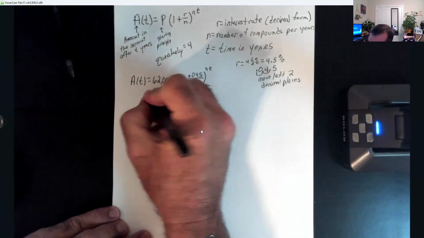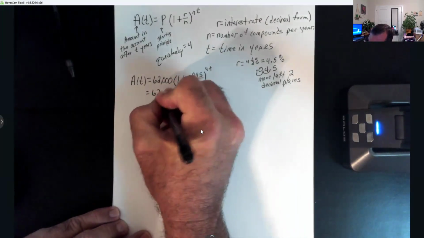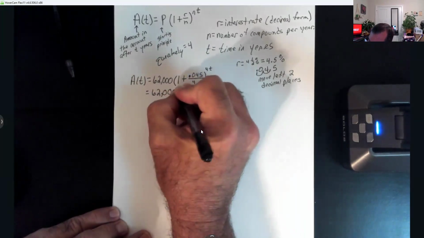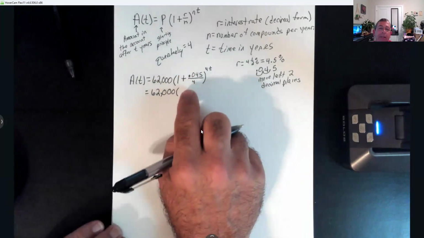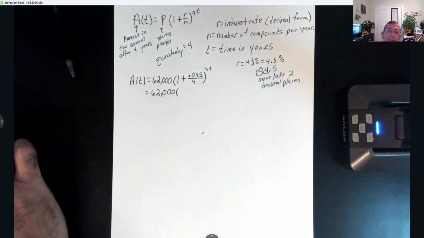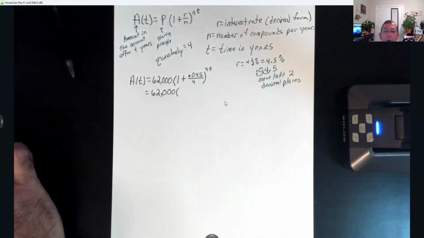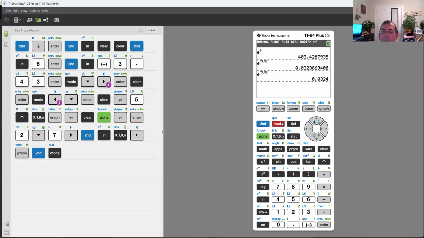Now, in MathLab, you have to figure out what is in the parentheses to get the right answer. So you need to figure out what 1 plus 0.045 divided by 4 is. So let me go to my calculator. I'm going to quit the graph.